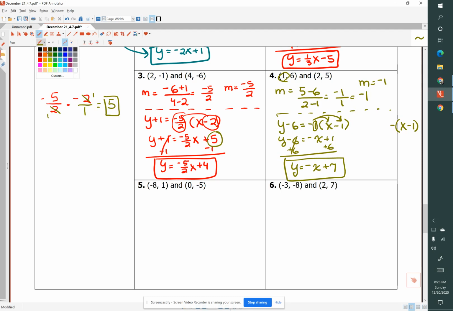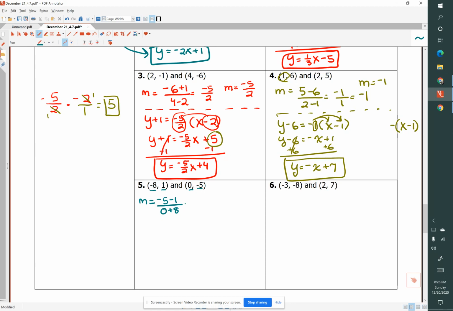And moving on to number 5, let's find our slope. So we're going to have negative 5 minus 1 divided by 0 minus negative 8, which is 0 plus 8, because subtracting a negative is the same as adding a positive.